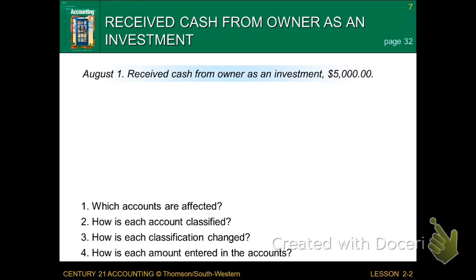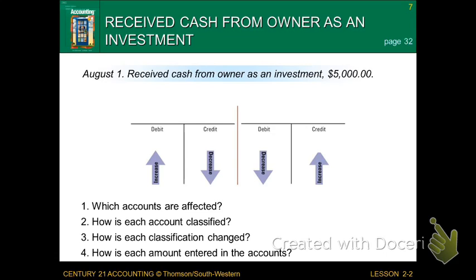So let's try to list debits first and credits second. We have two T accounts. We're going to list our cash first. Cash increases as a debit, so we'll list our $5,000 on the debit side, the increase side. And capital, since that increases as a credit, we'll list our $5,000 on the credit side, which is the increase for capital. So what do we have here? We have one debit, we have one credit. Good to go.